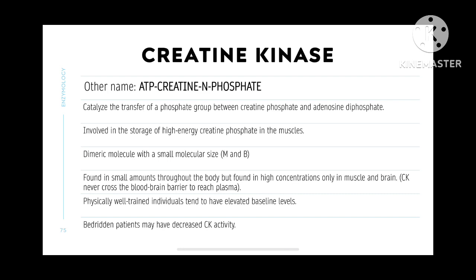Creatine kinase is widely distributed in tissue with highest activities found in skeletal muscle, heart muscle, and brain tissue. CK is present in much smaller quantities in other tissue sources including the bladder, placenta, gastrointestinal tract, thyroid, uterus, kidney, lung, prostate, spleen, liver, and pancreas.